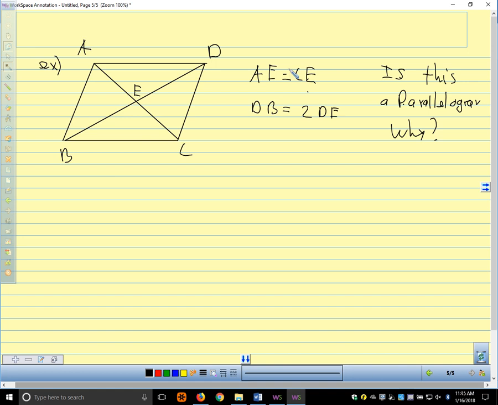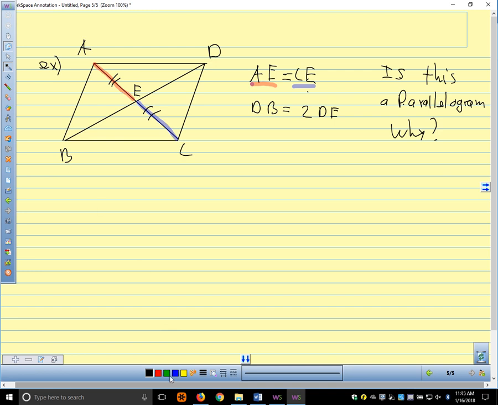And you jumped a little bit ahead, which is fine. So this is enough information to tell us the diagonals are bisecting each other. So let me grab a highlighter. Here is AE. And here is CE. And it's telling us that those two are the same. So we know that those are congruent.